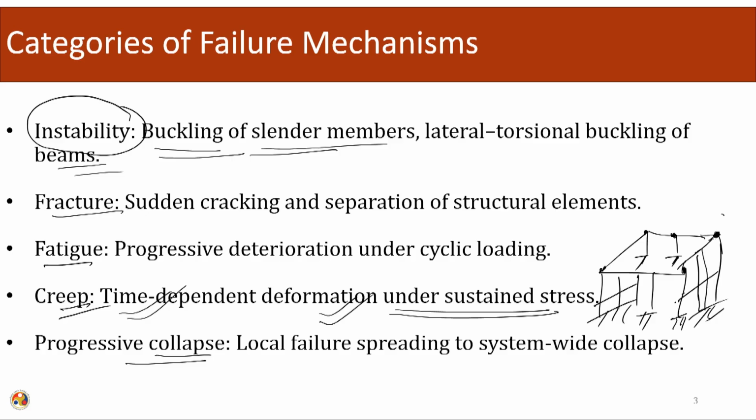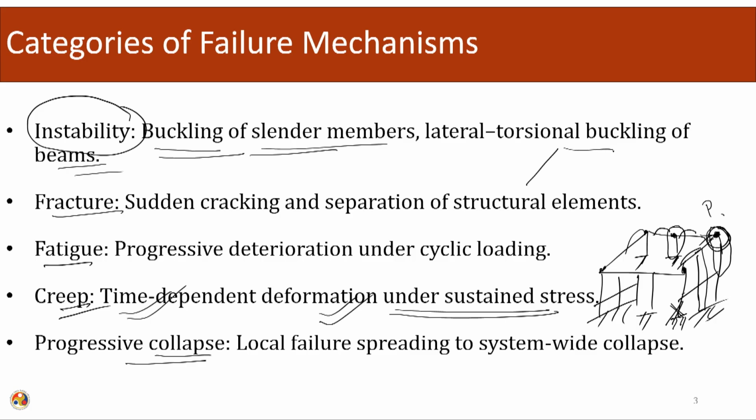If one section fails, there will be a redistribution of the loading. And if my total capacity is already equal to the total demand on each of the respective sections, it might lead to a failure in the other regions.